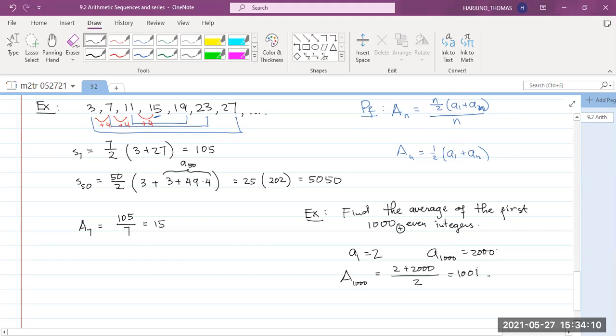That's it. Now, usually in GRE or SAT, they will not ask for the average of the first 1000 even integers. They usually don't do it that way because it's clear if they give you 1000, then there must be a formula. So usually they trick you a little bit, give you a false sense of security. They make it the average of the first, let's say 30 even integers. Now, why do they use a smaller number?